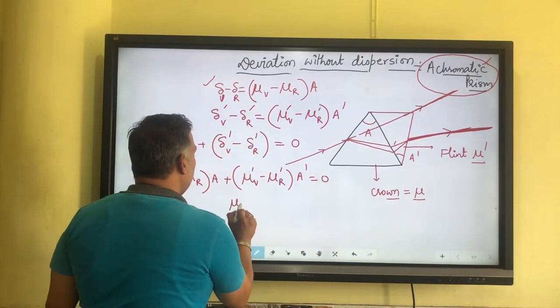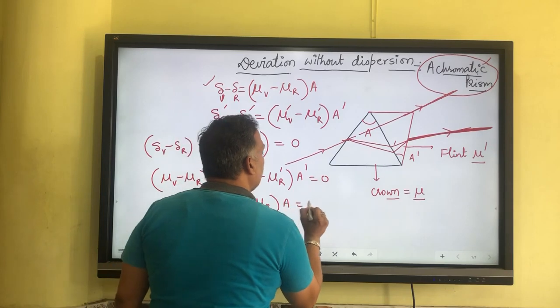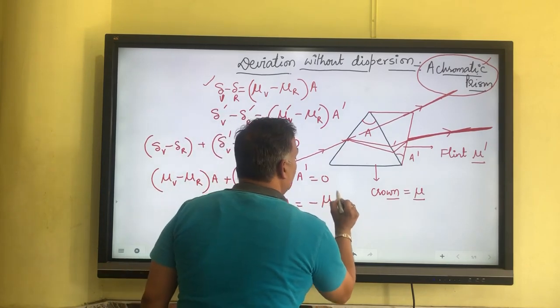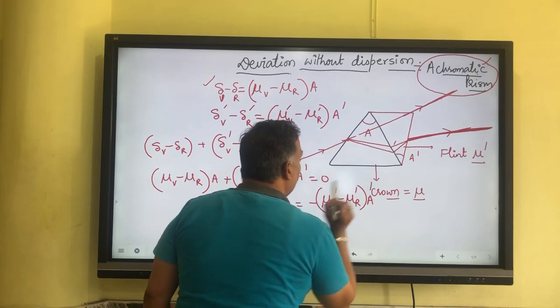So mu V minus mu R into A will be equal to minus mu V dash minus mu R dash into A dash.